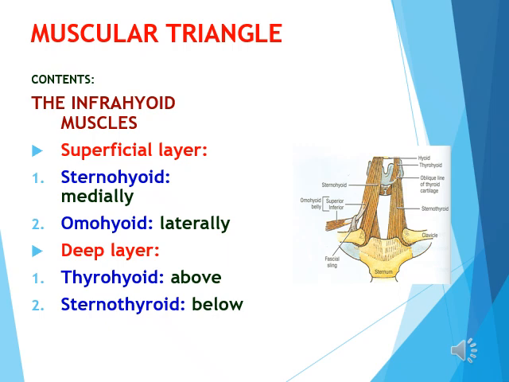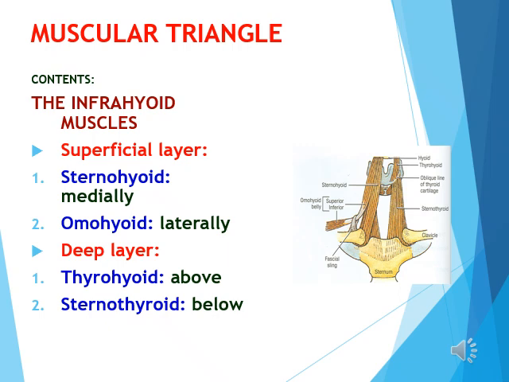Let's now dissect the contents of the muscular triangle, focusing on the infrahyoid muscles, also known as strap muscles, due to their flat ribbon-like appearance. These muscles are key actors in the mechanics of swallowing and phonation. So there are two layers, superficial and deep.